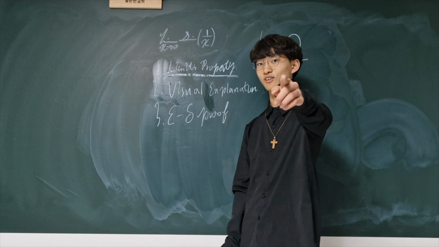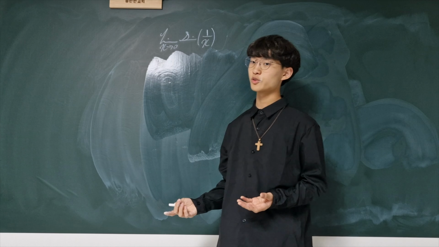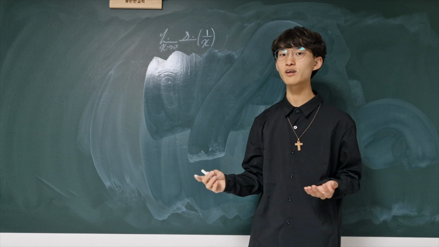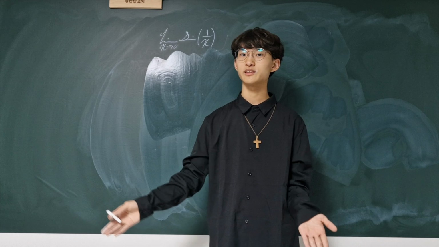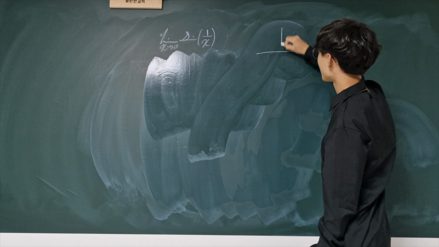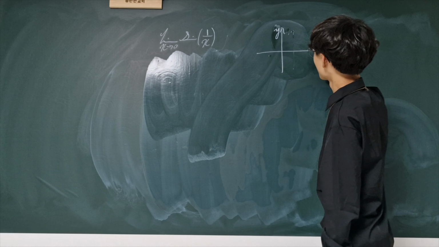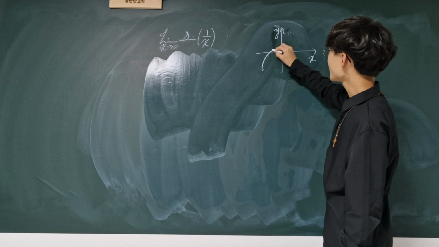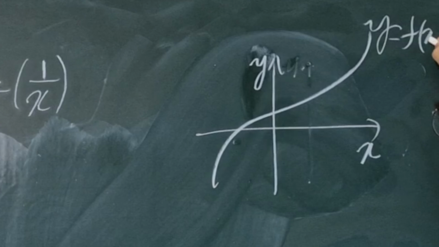So let's start. First, to use limits property, I will very simply describe what a limit is. Let's say there is a function that looks like this, y equals f of x.